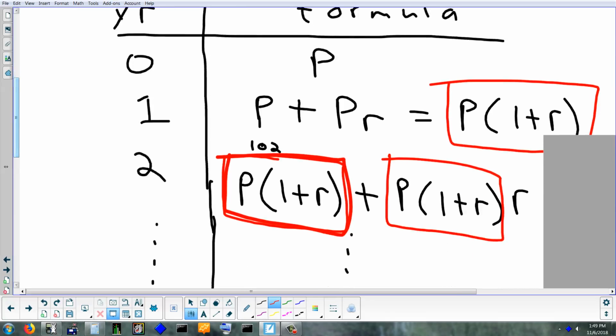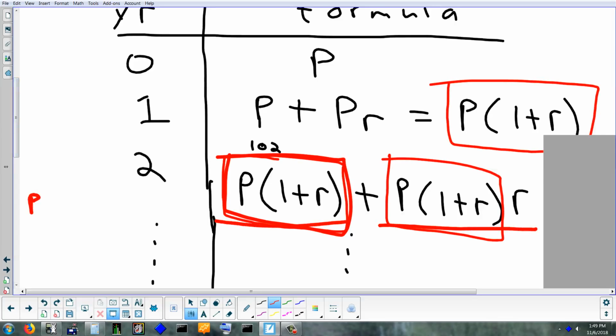Now, we looked at what we had in common and we factored it out. Let's do the same thing again. What do you have in common in this term and that term? Like if we were doing a factor by grouping, what do they both have in common? Yeah. P times the quantity of 1 plus r.